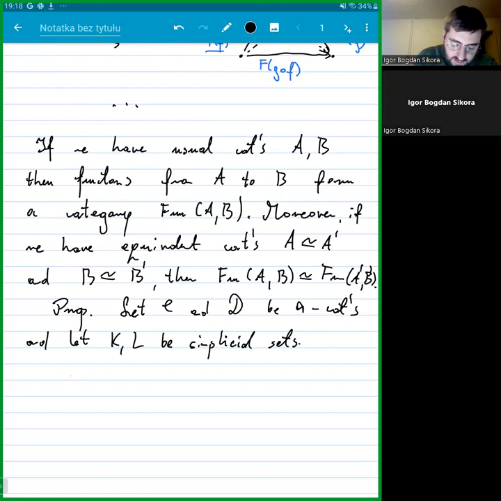Then firstly, the simplicial set of functors from K to C is also an infinity category.